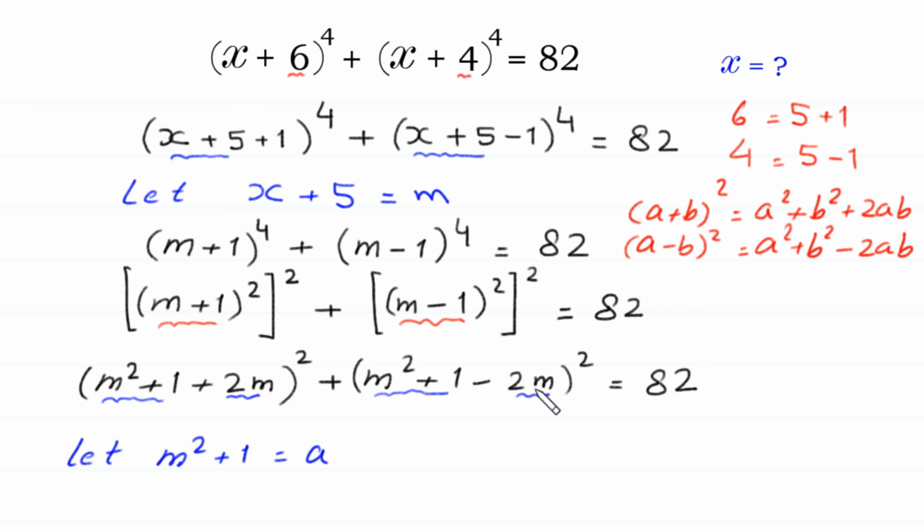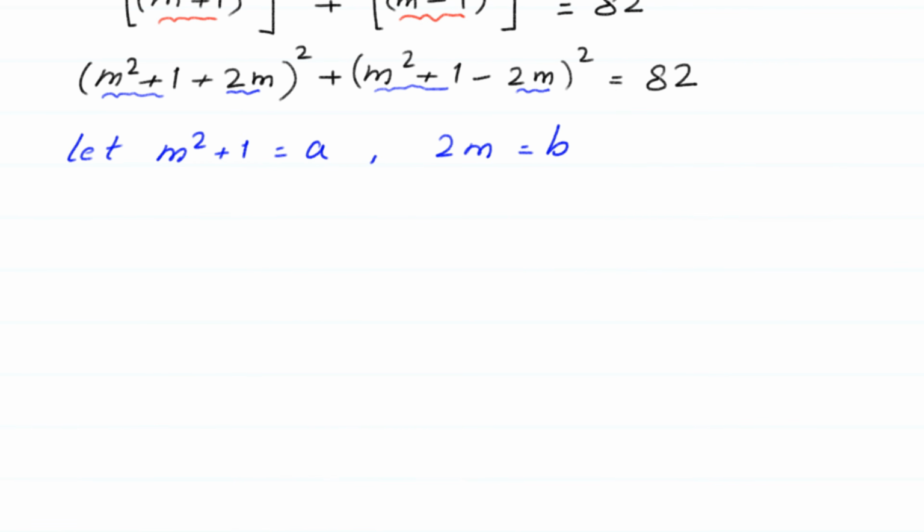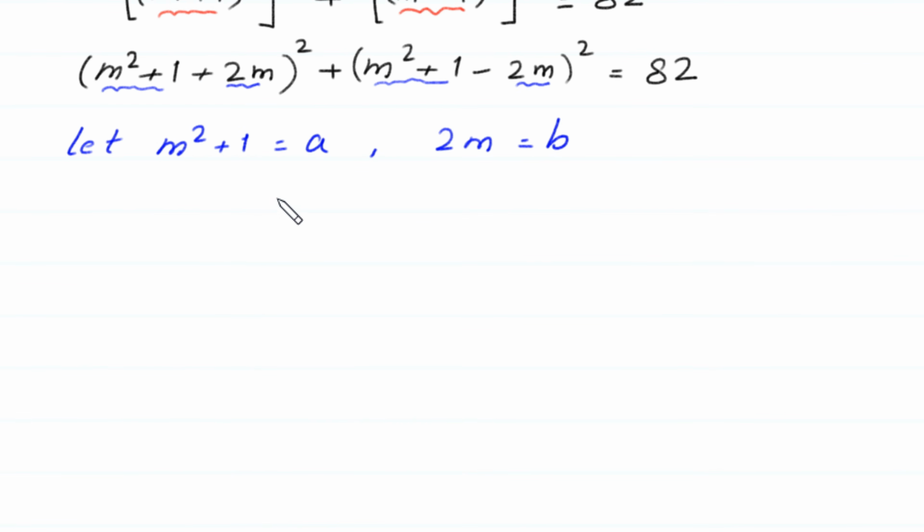Suppose this 2m equal to b. 2m is equal to b, and we substitute a and b in this equation, then this equation becomes (a + b)^2 plus (a - b)^2 is equal to 82.